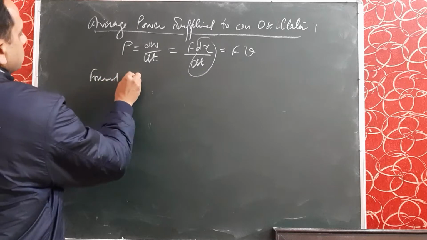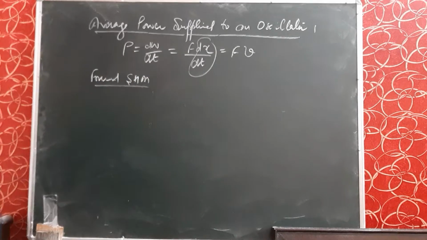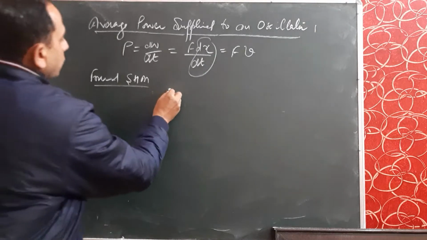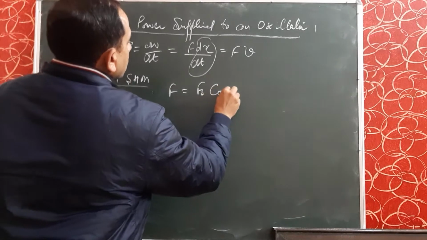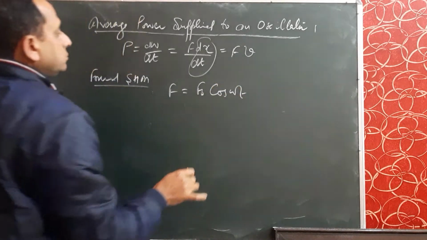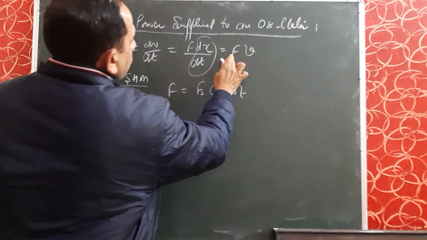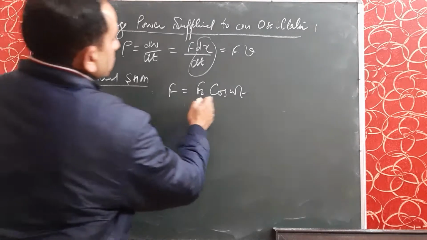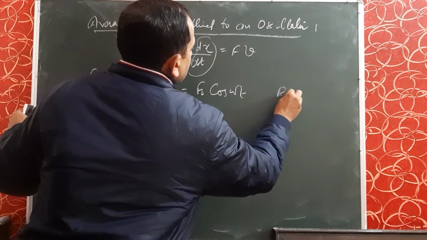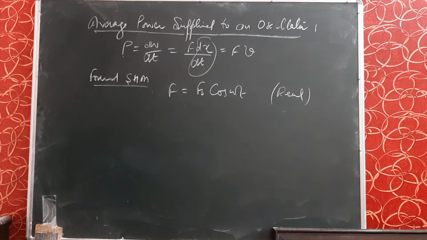In case of a forced simple harmonic oscillator or motion, the force is equal to F naught cos omega t, because we are doing power, and power is force into velocity, where force is equal to this, that is the real part of force, because we are considering only its real part.